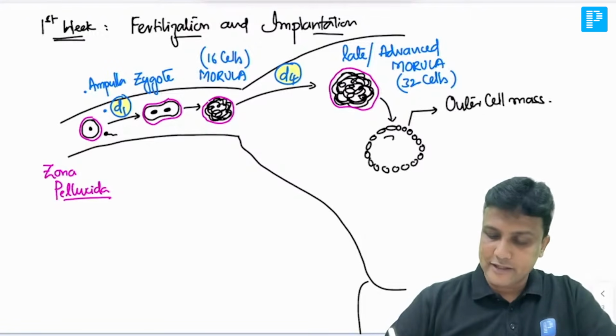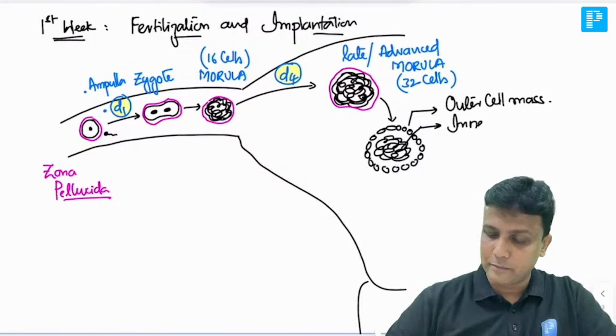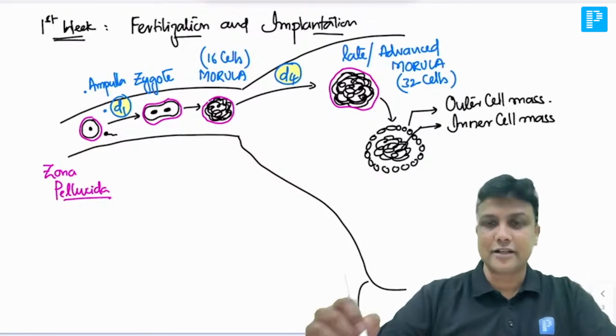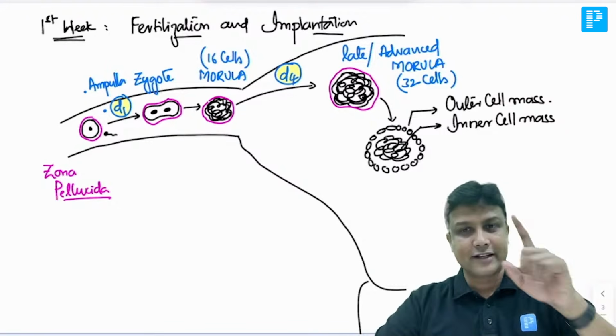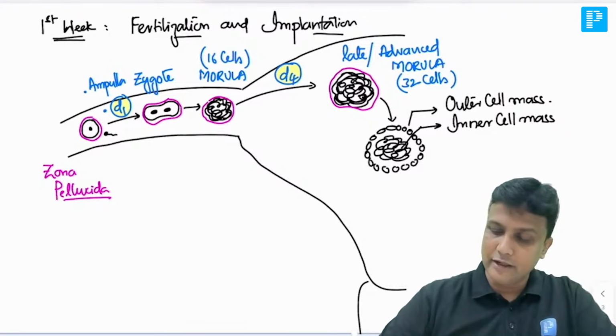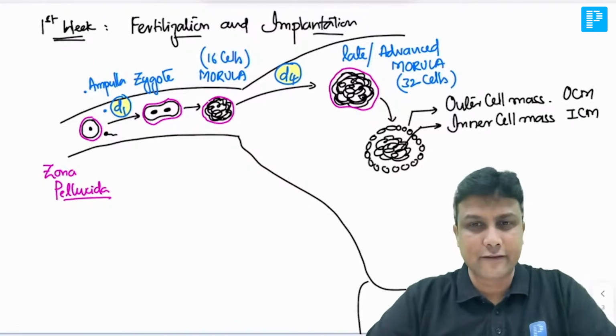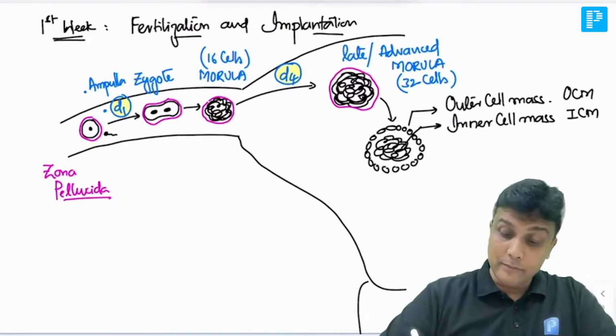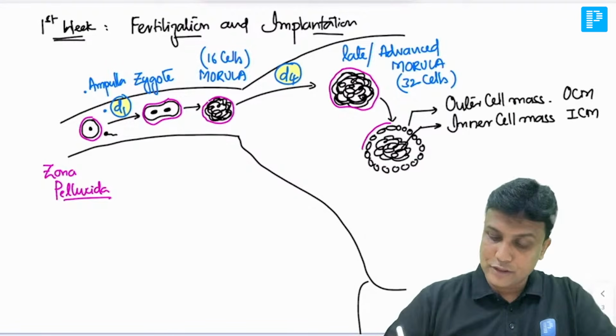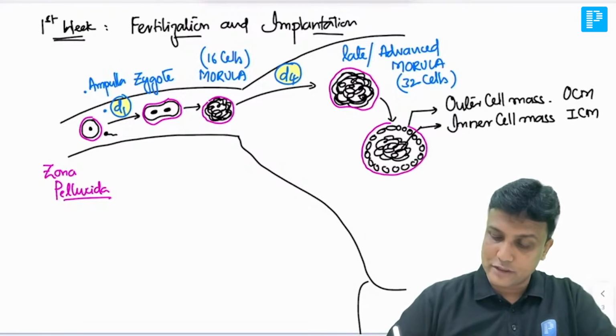And whatever remaining cells are there, they'll be present on the inner side, and those cells will be referred to as the inner cell mass. So all the 32 cells are going to rearrange themselves into the outer cell mass and the inner cell mass. I'll be using the short forms OCM and ICM. Outer cell mass and inner cell mass. Fine. Now remember, even this stage is also surrounded by zona pellucida.